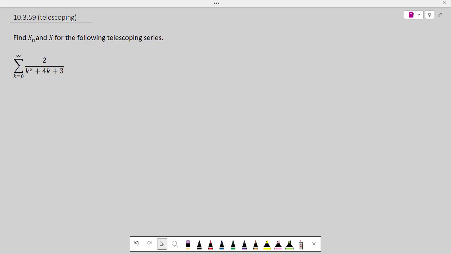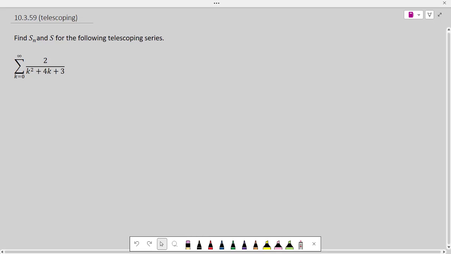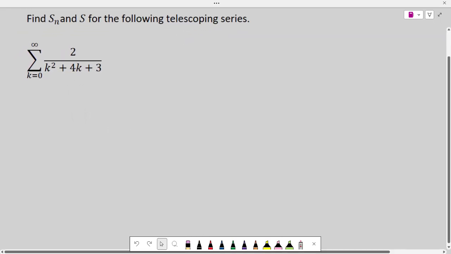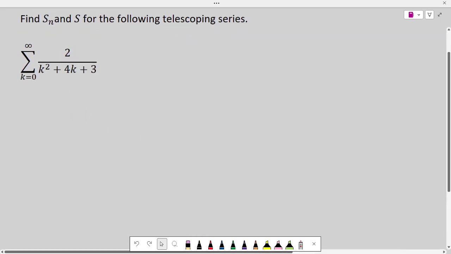Okay, so this guy. Okay. Zoom in a little. Telescoping usually involves some sort of factoring, some sort of PFD possibly.